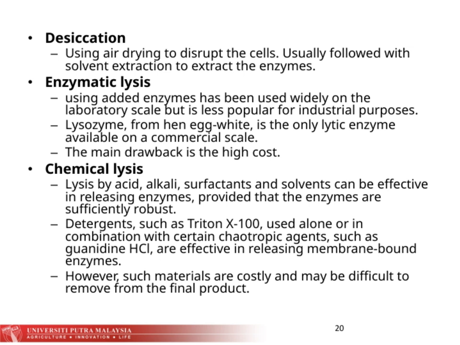However, it's important to keep in mind that these chemical agents tend to be costly and can be challenging to remove from the final product, which can complicate downstream processing. Overall, each method has its pros and cons, and selecting the right one depends on balancing efficiency, cost, and the specific requirements of the process.